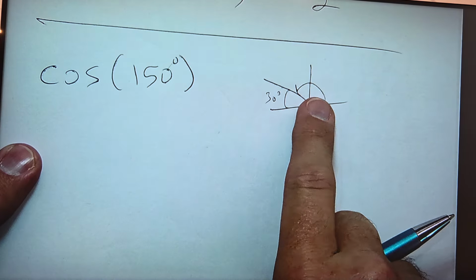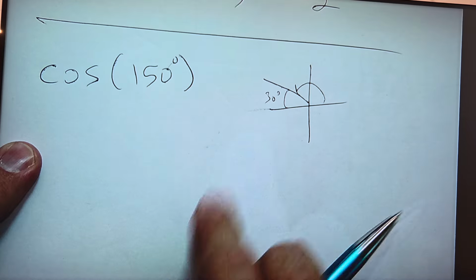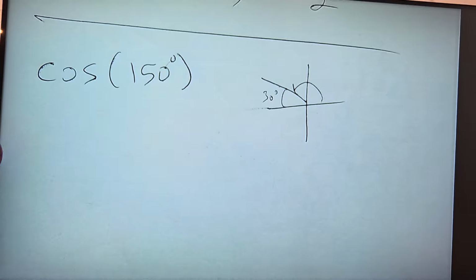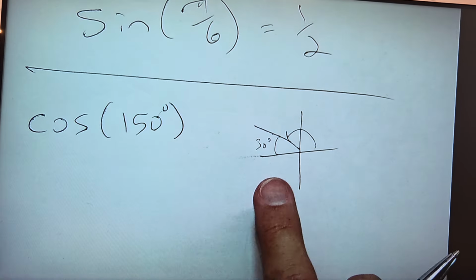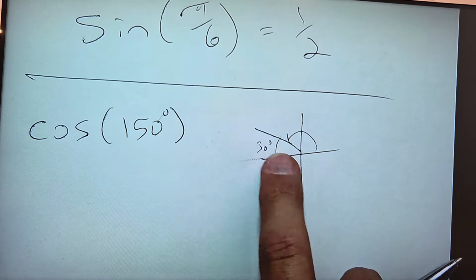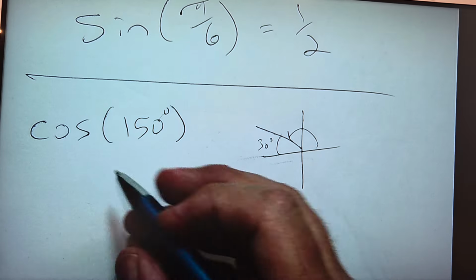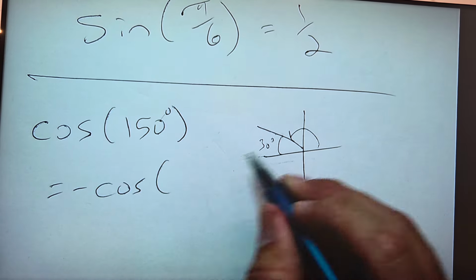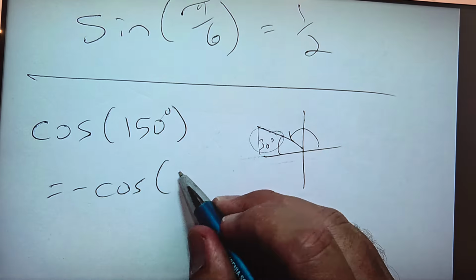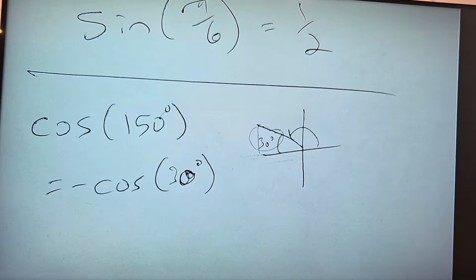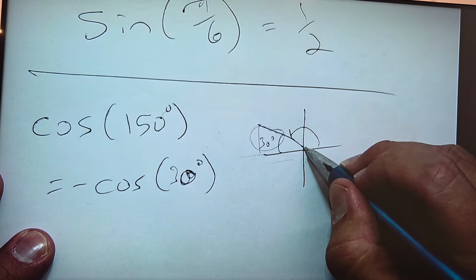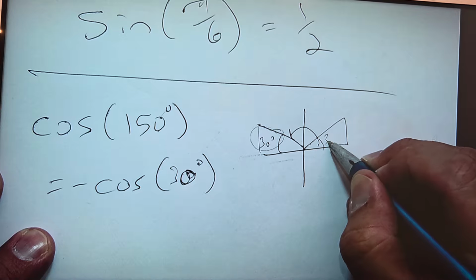Cosine, what's true about it here? What's true about cosine where we are? It's negative. And the answer is going to be the same number as 30 degrees, because this is the exact same triangle that could be over here.